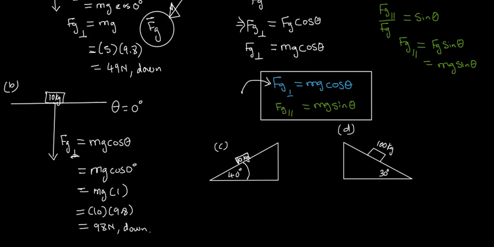And then let's look at C. For C, we want to find the y component of the force of gravity. We don't have to do much. We already know the formula, which is mg cos of the angle.